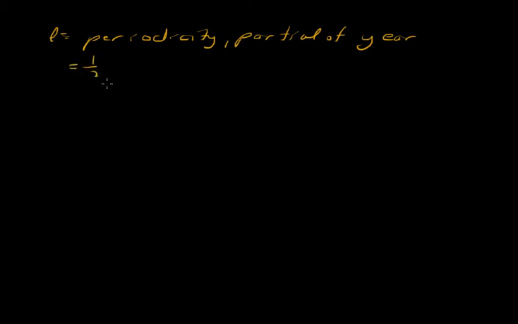Well, we could say, let's say L is the periodicity that we're going to look at, the fraction of the year. If we're going to use monthly data, it would equal 1/12.